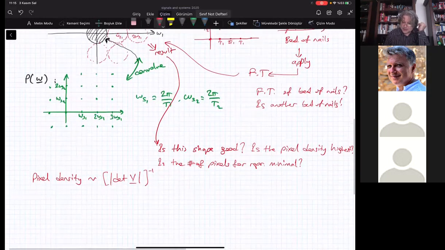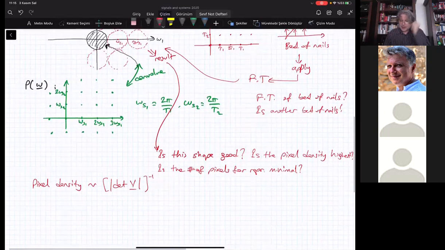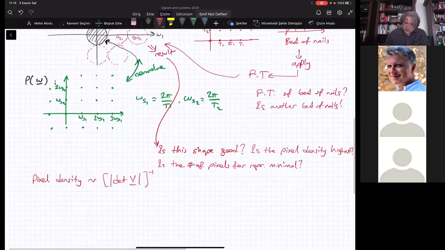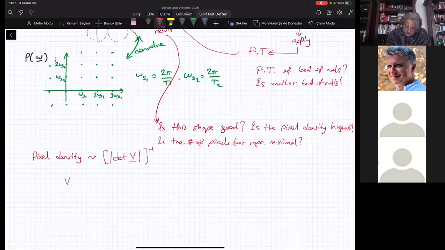What was V? It was equal to T1 0 and 0 T2, right? So the determinant is equal to T1 times T2. Now, can we get something smaller than this one?